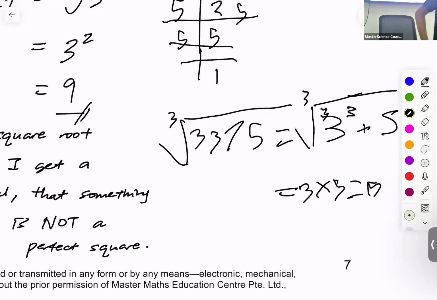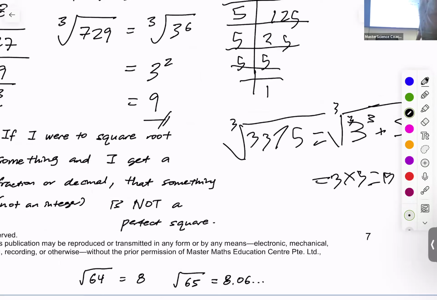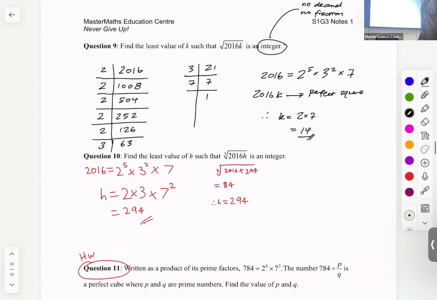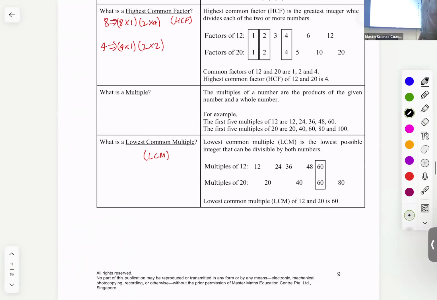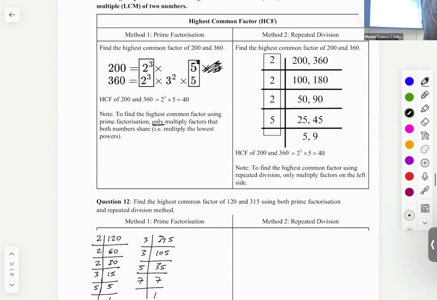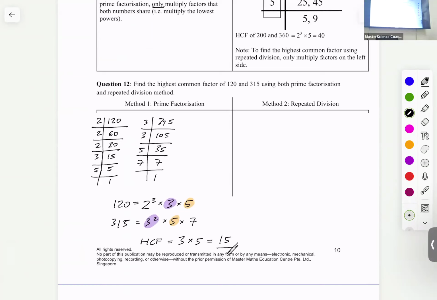Okay, last bit before I let you do the test. If you have two numbers, or more than two numbers, you can find what is known as the highest common factor or the lowest common multiple.